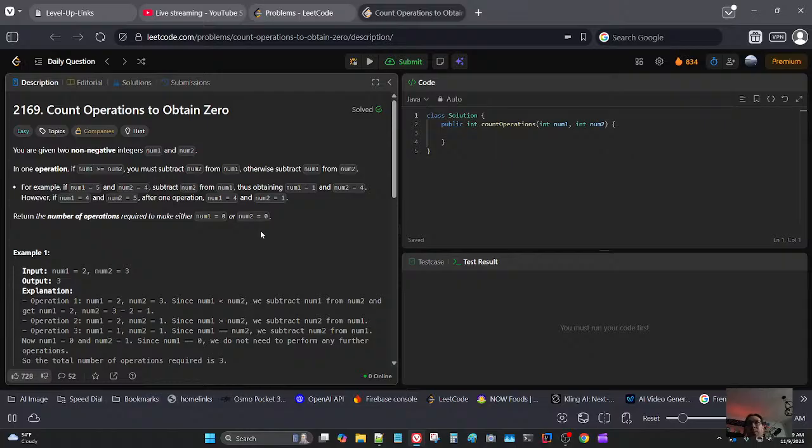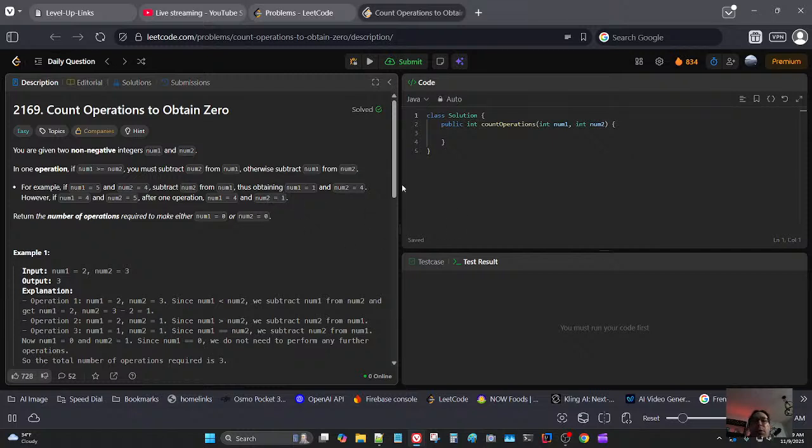So what this is saying is if one number is bigger than the other, then you subtract the smaller number from the bigger number until it equals 0.